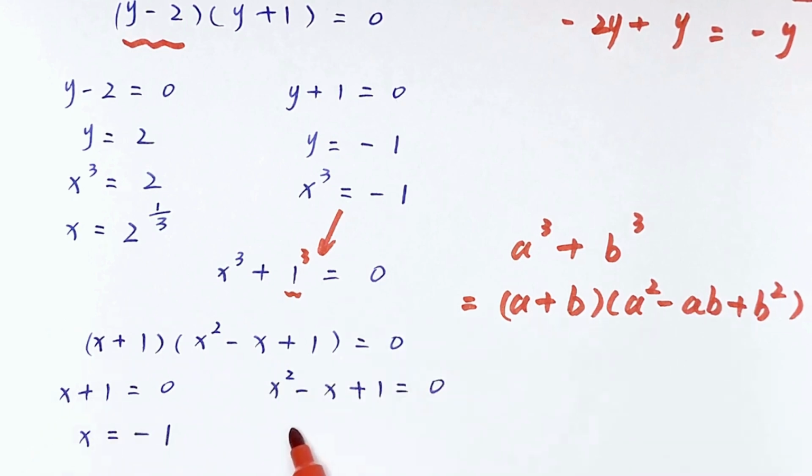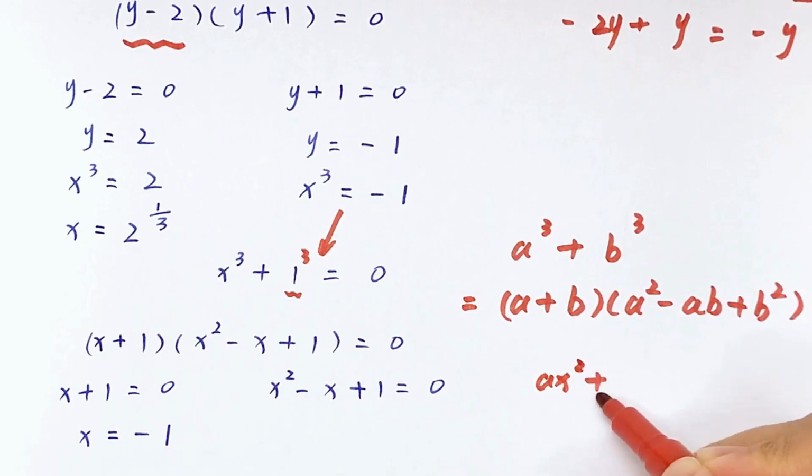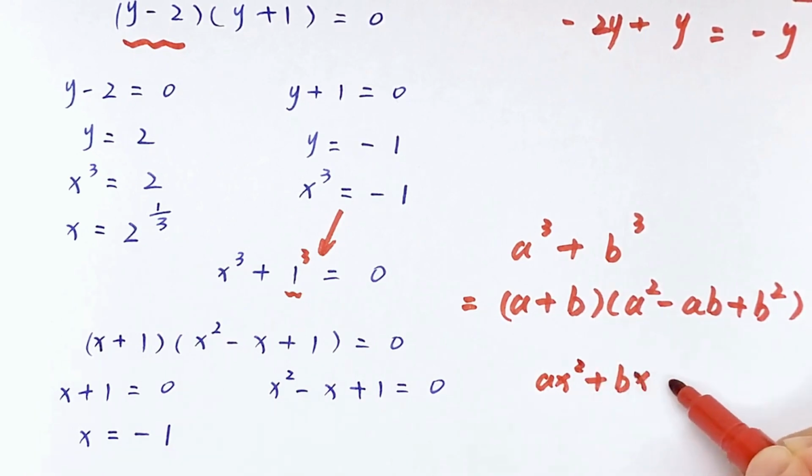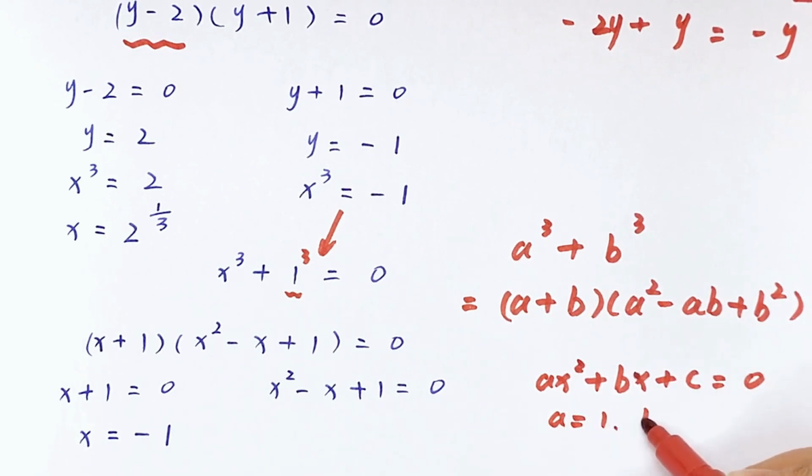This is a quadratic equation where ax squared plus bx plus c is equal to 0. In here, the value of a is equal to 1. The value of b is equal to -1.